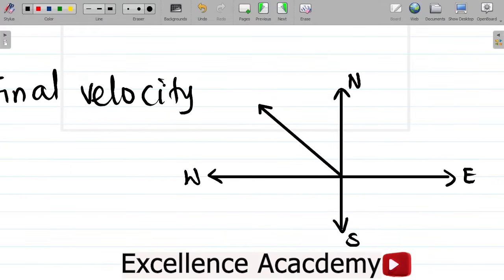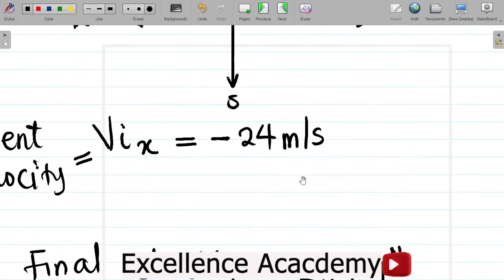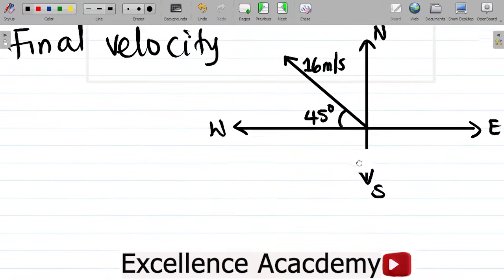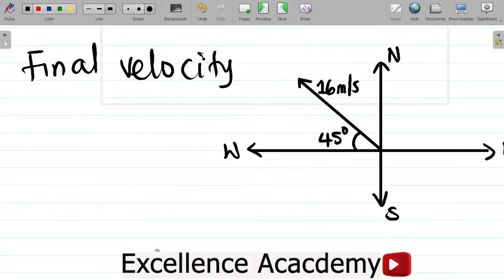So I would come here and put this. The angle they gave is 45 degrees, and the value of the velocity is 16 meters per second. Now, for this one, we have to find its horizontal and vertical components, because it is inclined at an angle, as you can see here.